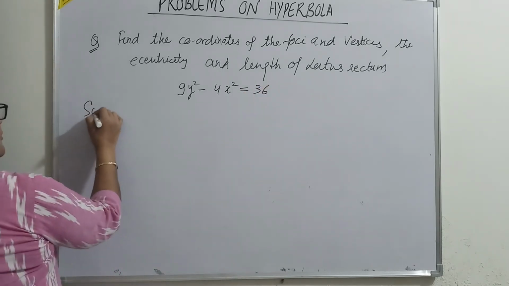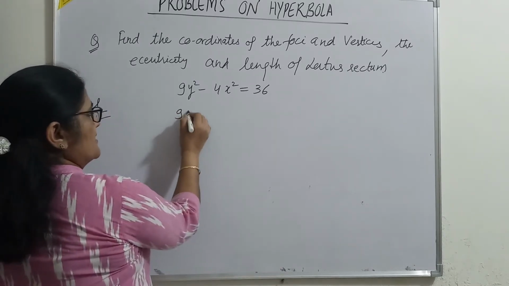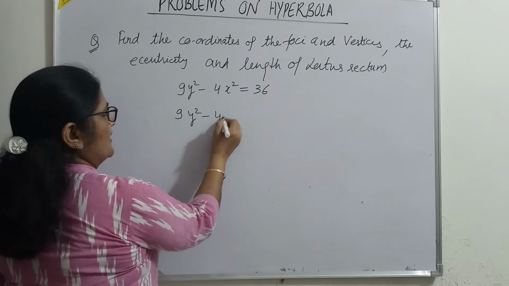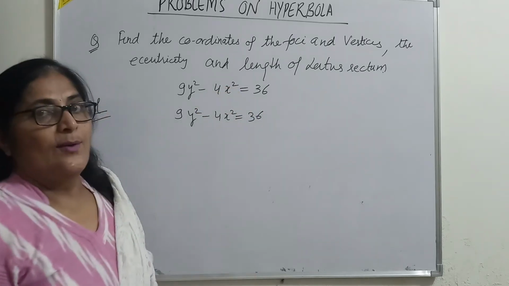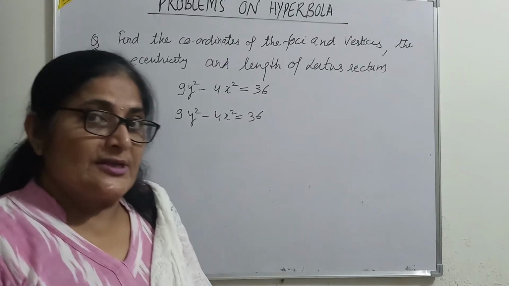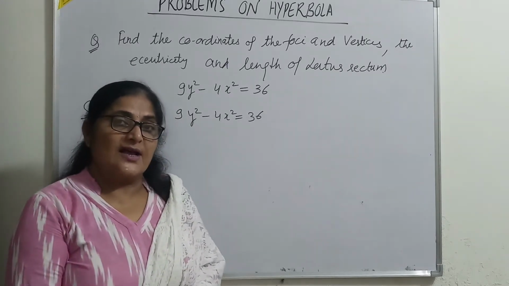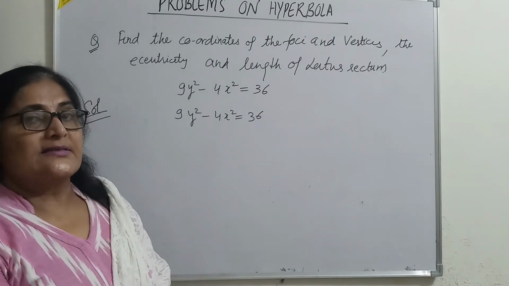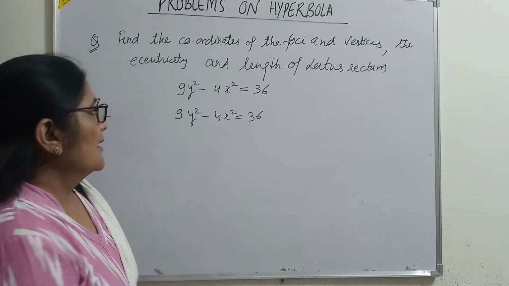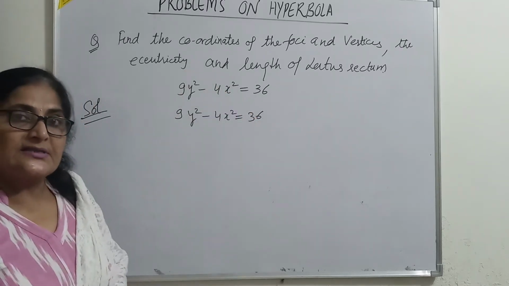Now how can we solve this? The equation given is 9y square minus 4x square equal to 36. But as we know, the standard form is x square upon a square minus y square upon b square is equal to 1. The right hand side must be 1. But this equation is not in standard form.